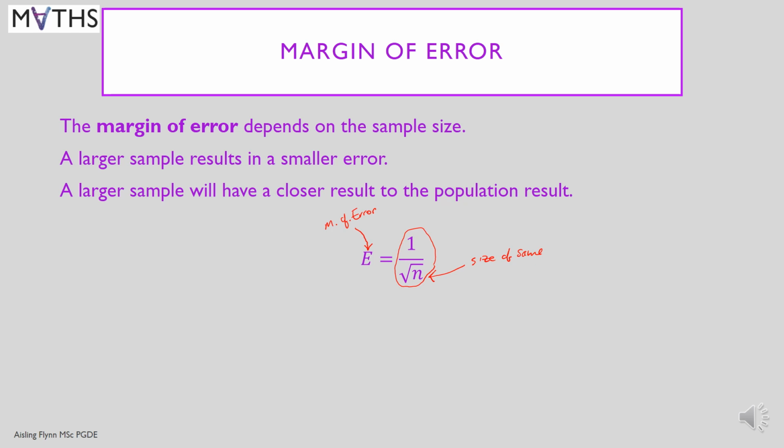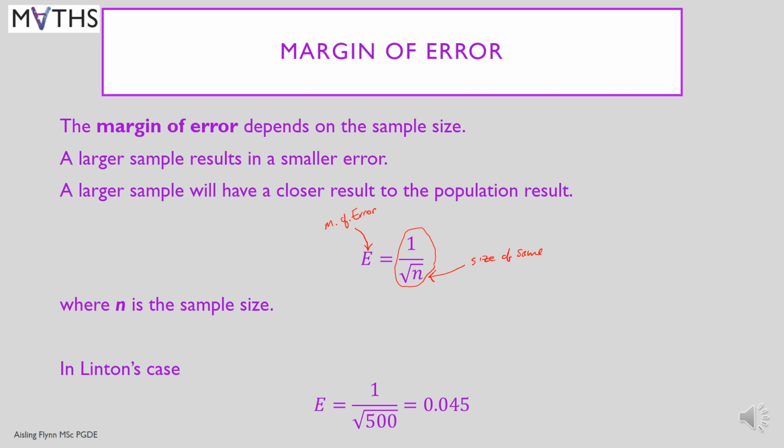So let's see how this works, where N is the sample size. In Linton's case, if you recall, the campaign manager asked 500 people. So the margin of error is 1 over the square root of 500, which when you calculate it comes out at 0.045. So this is how far out we reckon the result could be.